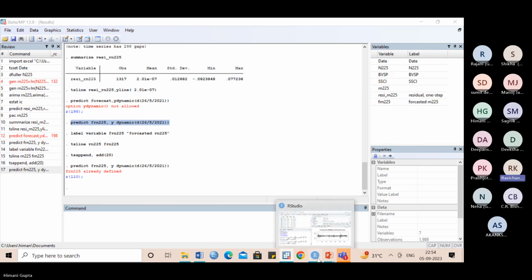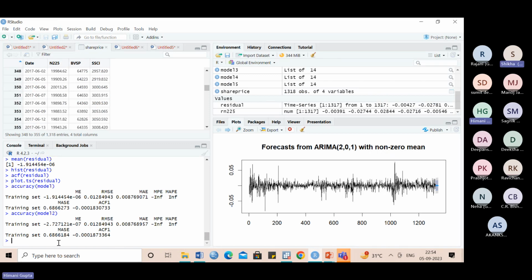Madam, will R and Stata give the same result? Yes, both the softwares will give you the same results. Even if you are doing it by EViews, or if there is a new software, RATS, you will do by any software, the same results will be there.